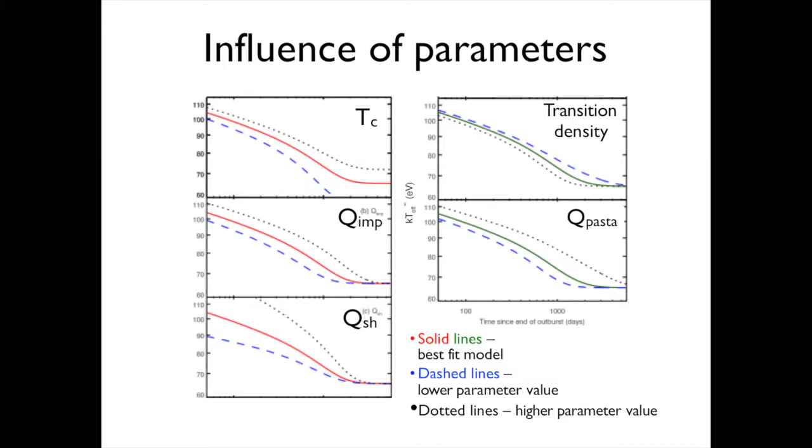As you change the transition density, the location of where that pasta is, if you move it closer to the surface, then it acts like you have a blanket further out, and so that means you end up with a slightly hotter neutron star to start with. It depends where you put the transition density, actually, right?